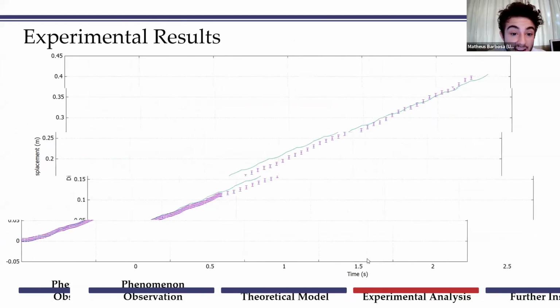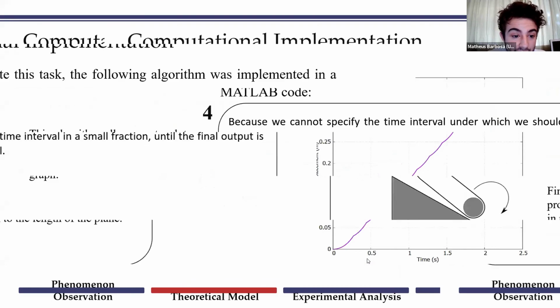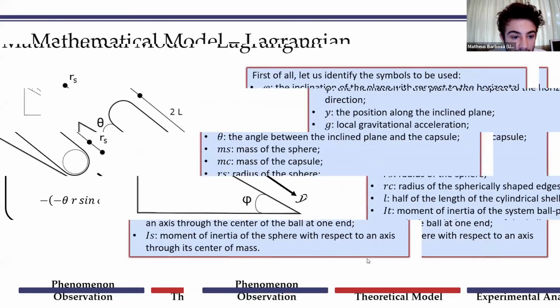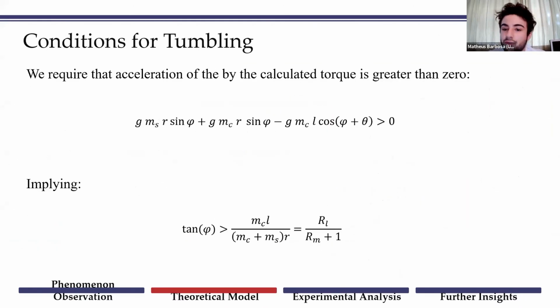Oh yes, I had a slide for that. We passed through it extremely quickly because I was short on time, but we can see it. Oh, it's actually the other way. We can see it here. These are the conditions for tumbling. I pretty much just say that the torque is greater than 0, meaning that the ball is going to be able to force the whole pill to rotate. And the other boundary case would be if it's sliding.